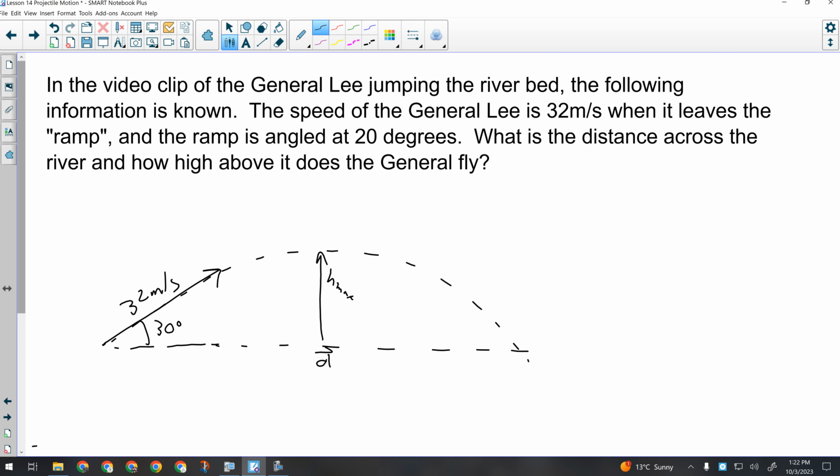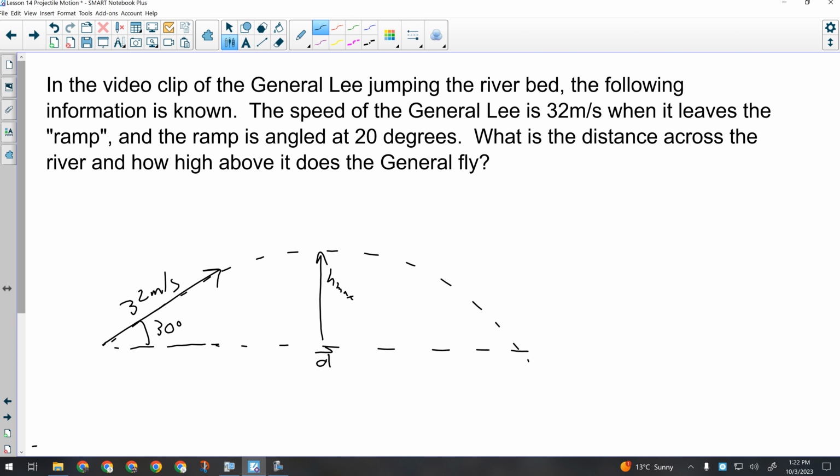And it only gives me 32 meters per second at 20 degrees. Does that seem very fair? Doesn't seem like very much information, except there's other things that we can get from that. Okay?